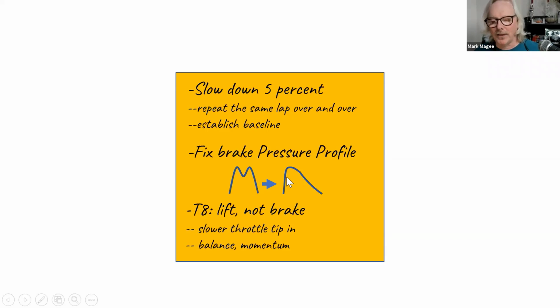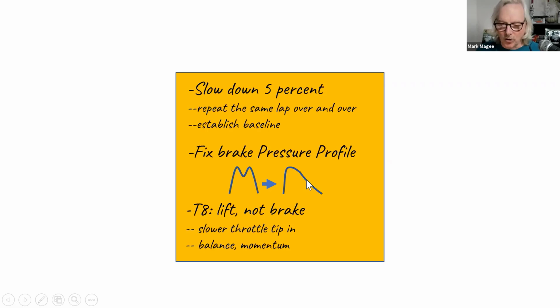The other, we saw this in a lot of laps in a lot of different corners, the brake pressure profile. Brake pressure comes up, there's a dip, goes back up again for the heel toe. The shape that I like to see here is a quick squeeze and then almost immediately start releasing pressure.